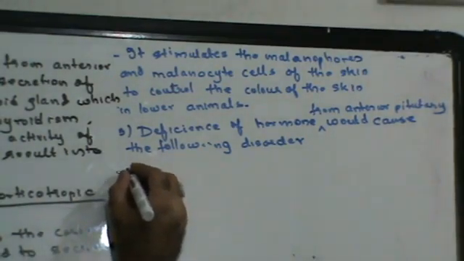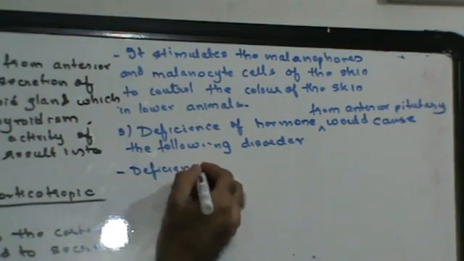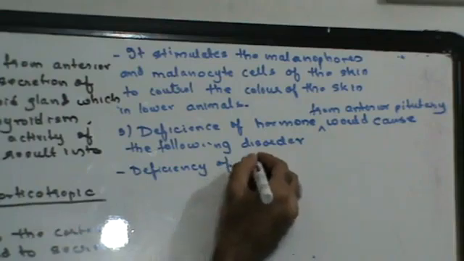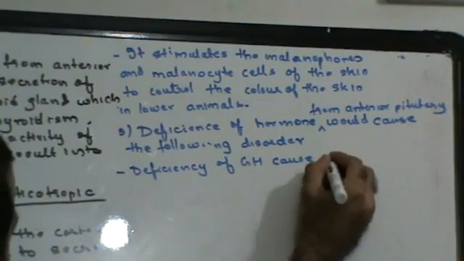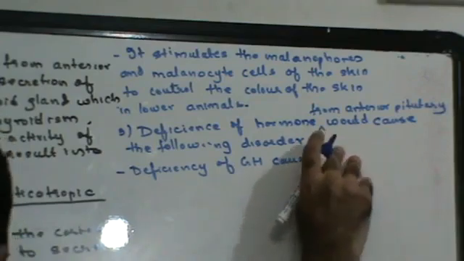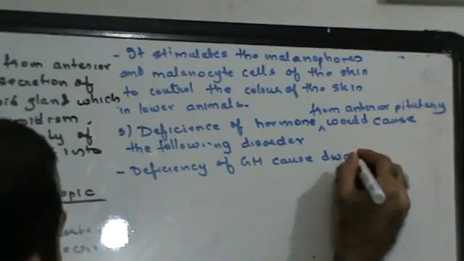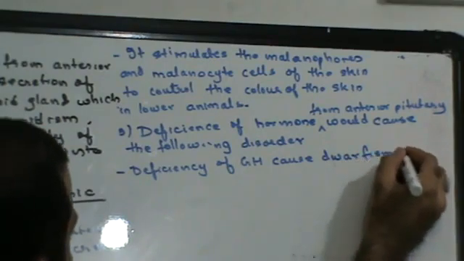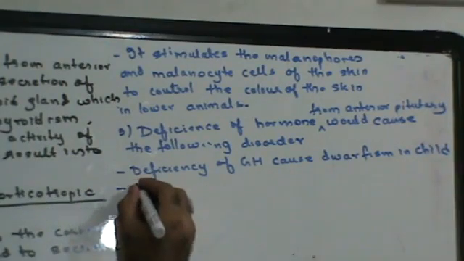First, deficiency of growth hormone causes dwarfism in child. Right?